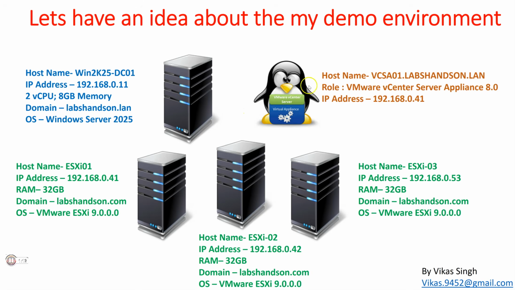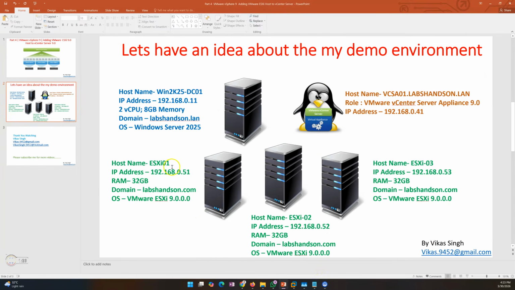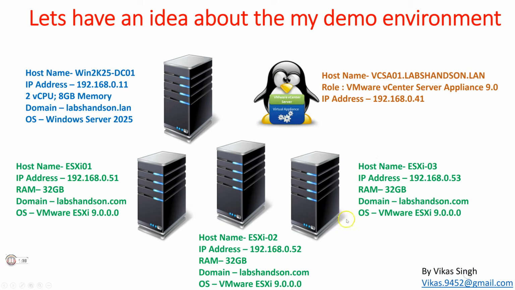And I have one vCenter Server appliance deployed in the last video, VCSA01.labsense.lan, and 3 ESXi host servers also deployed, which have IP addresses 51, 52, and 53. So these are the 3 ESXi hosts, one vCenter and one Windows AD server.